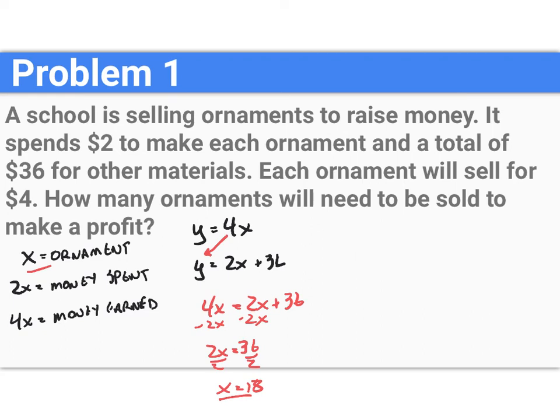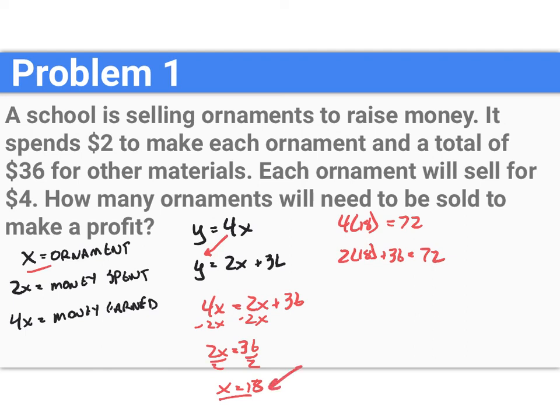But you're going to want to make sure you check. 4 times 18 is 72. And then 2 times 18 plus 36: 36 plus 36 equals 72. So we get the same number. That's how much money we make.